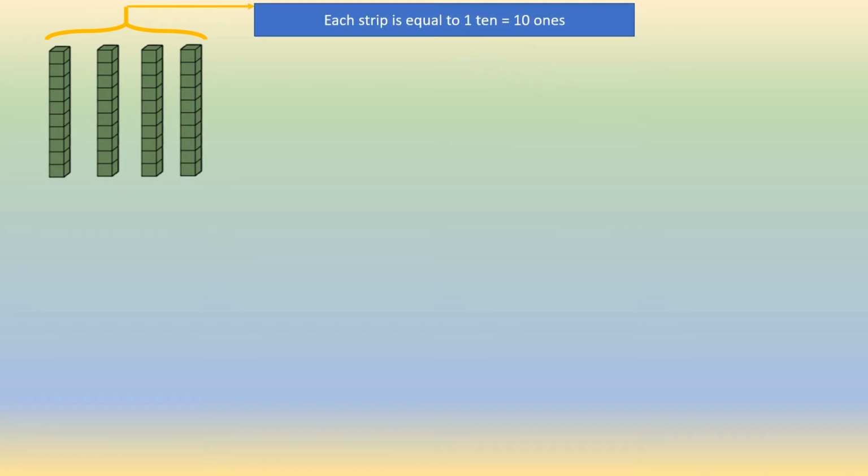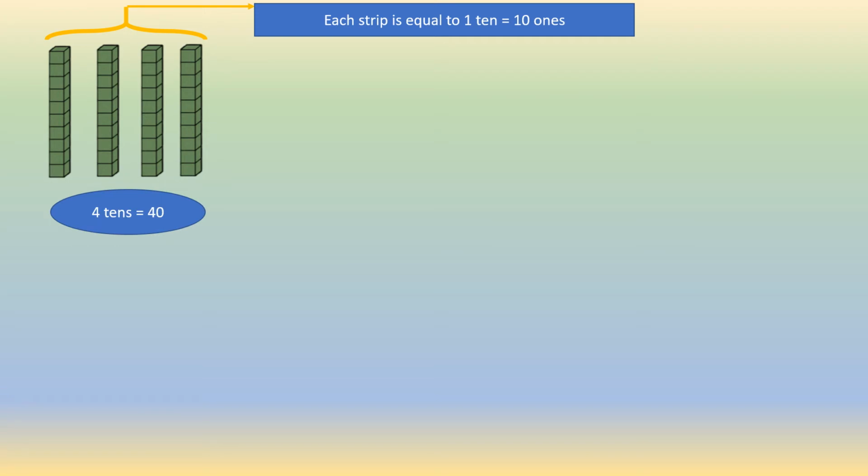Let us understand the concept of tens and ones through rectangular strips and square boxes. So here we have 4 rectangular strips. Each strip is equal to 1 ten and 1 ten is equal to 10 ones. So since we have 4 rectangular strips, that means 4 tens, which will be equal to 40.